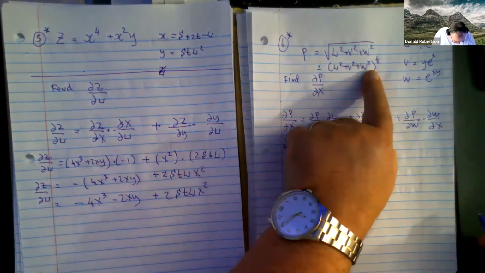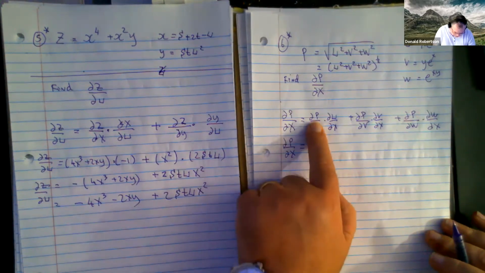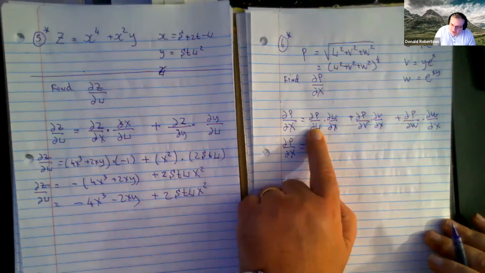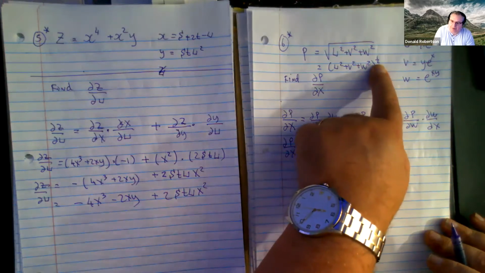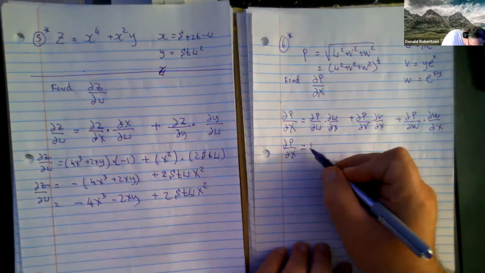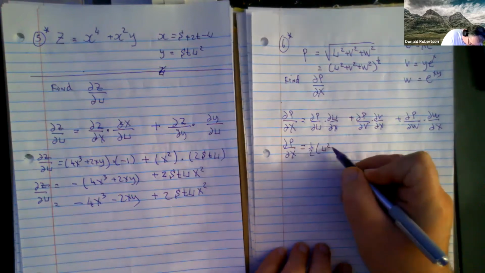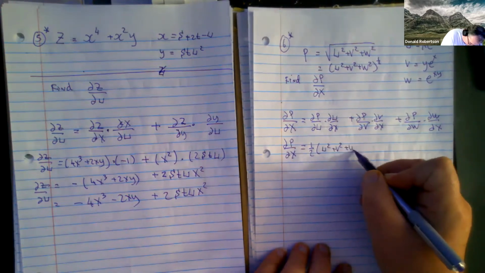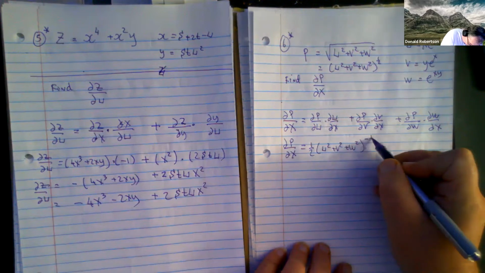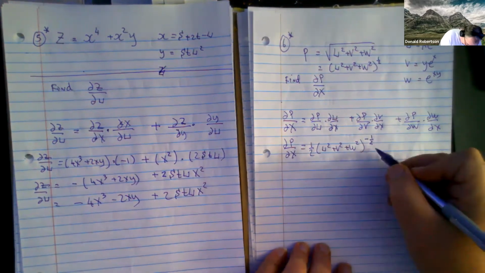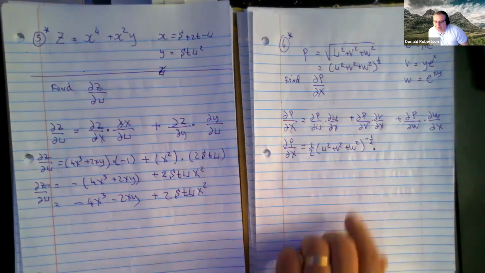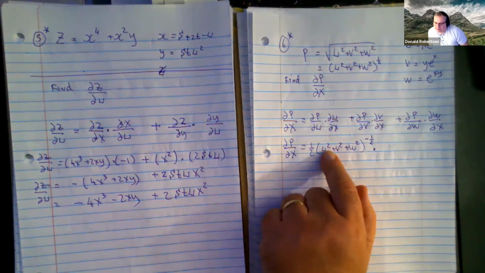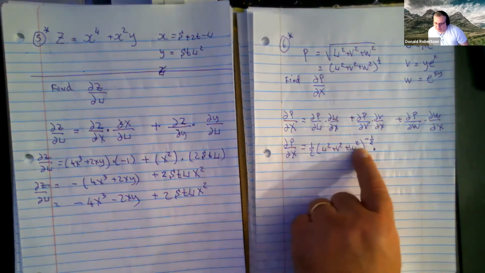Now, if you differentiate P with respect to U, partial derivative, multiply by the power and reduce the power by 1, times something. Isn't this also the inside function?